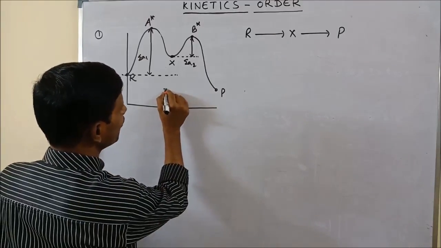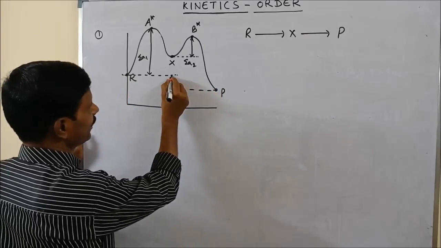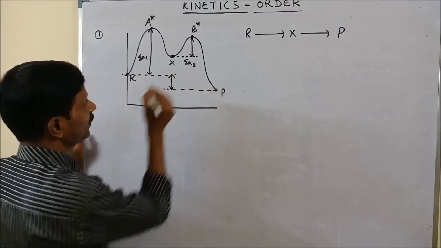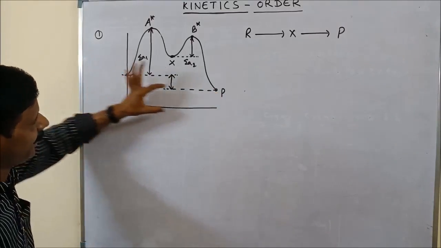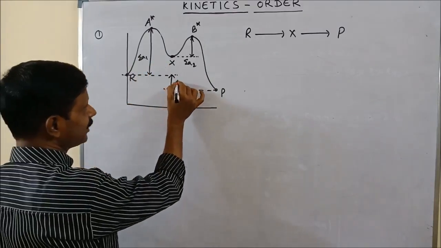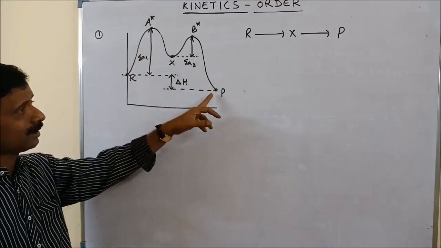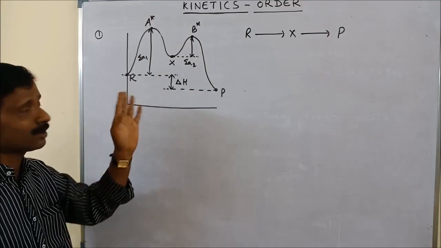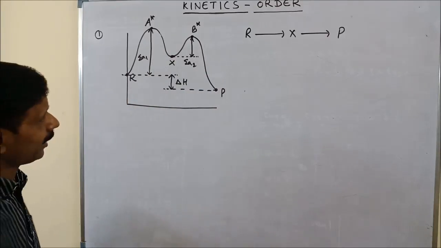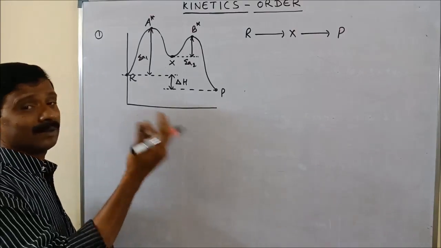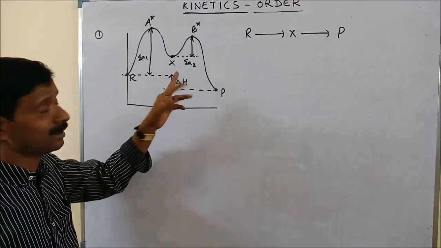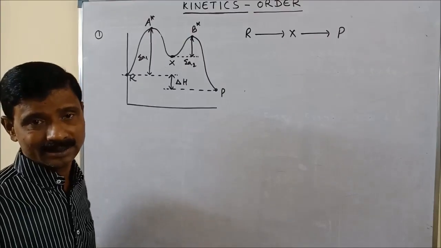And now if we observe this energy difference, this is the energy of the reactant and this is the energy of the product, and this is what we call delta H. Of course, here the energy of the product is less, meaning while R is converting into P, overall some amount of energy is released, so it is an exothermic process.